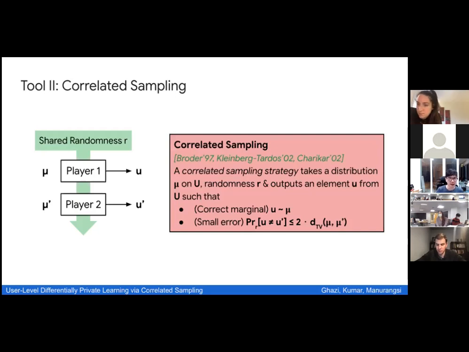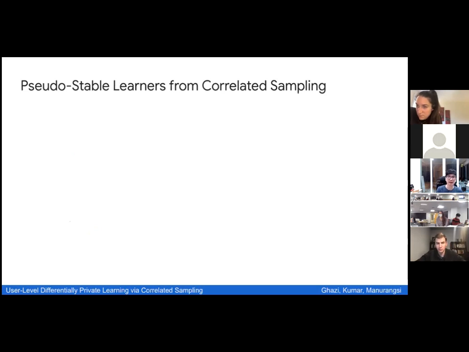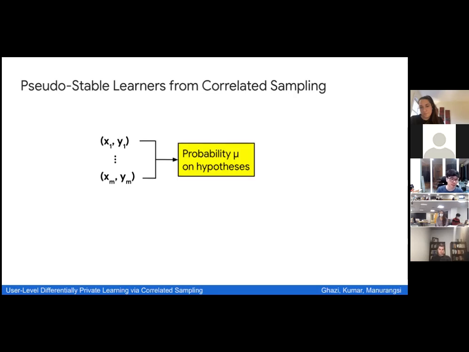Okay. Now we're gonna see how to use correlated sampling to build a pseudo stable learner. The high level idea is pretty simple. You take your input labeled samples x1, y1 to xm, ym. You build some probability distribution mu on the hypotheses, and you hope that this mu is close for most of the draws of the samples.